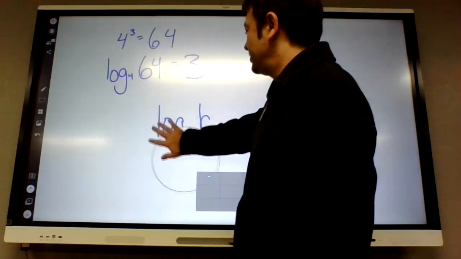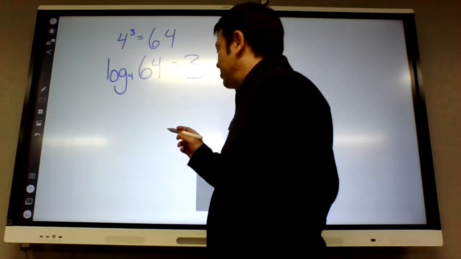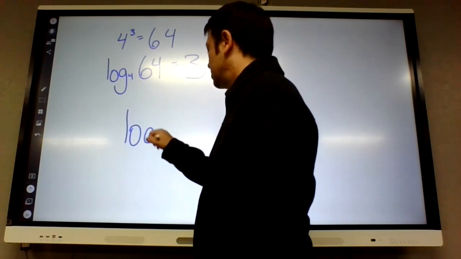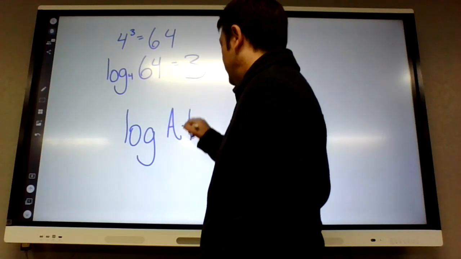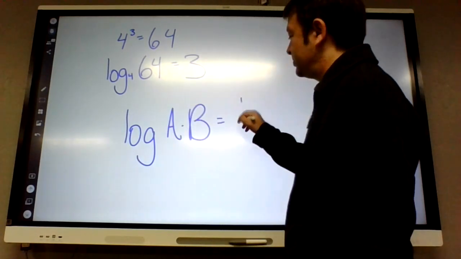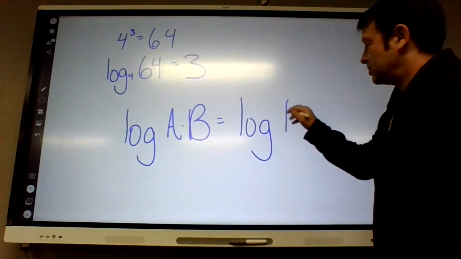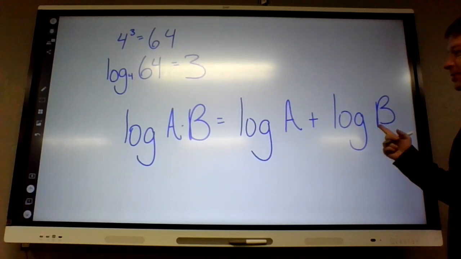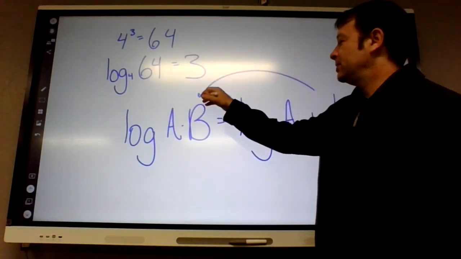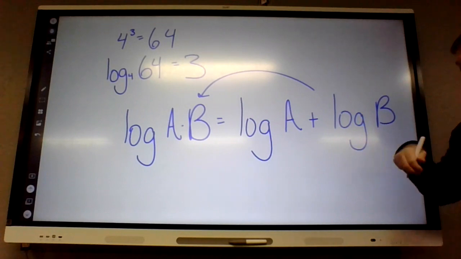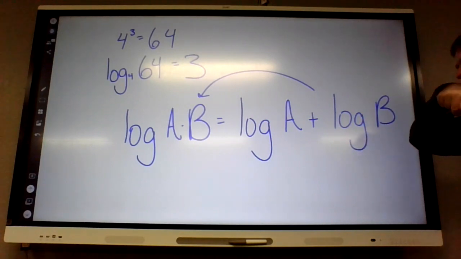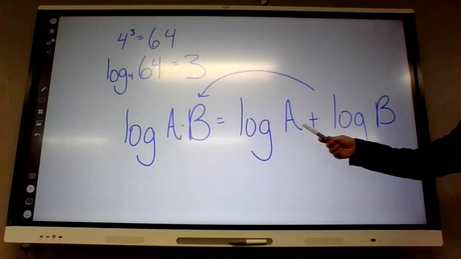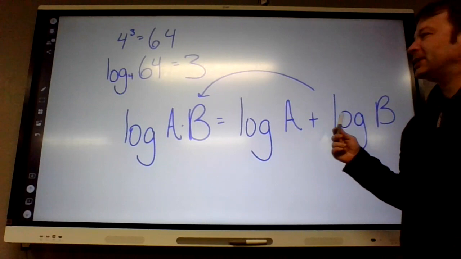Anyways, all right. So today we're talking about laws of logarithms. If you have log of A times B, that is equal to log of A plus log of B. Or a lot of times it goes this direction: log of A plus log of B equals log of A times B. It's basically because A and B are exponents.